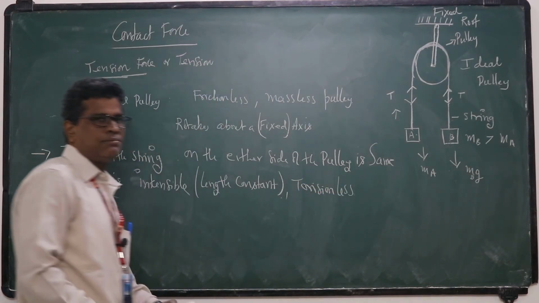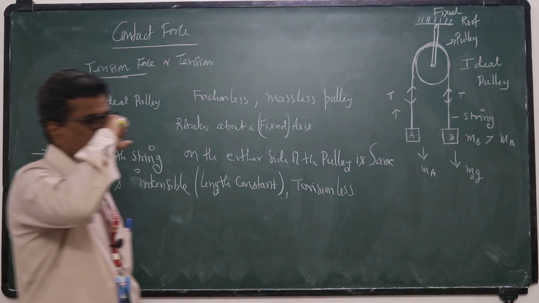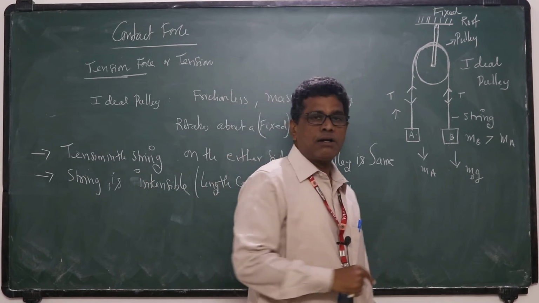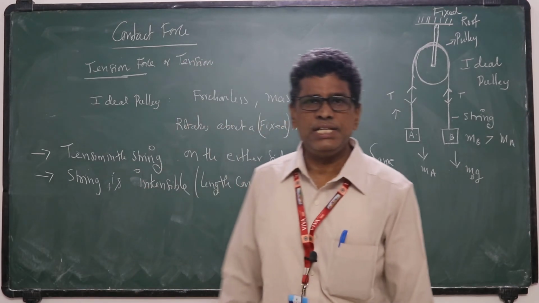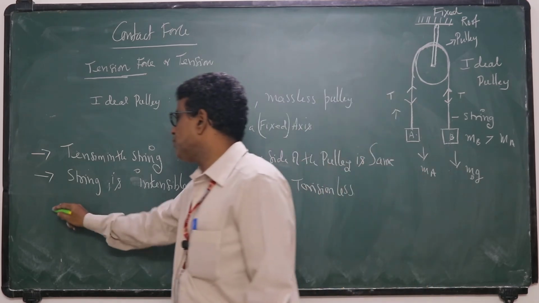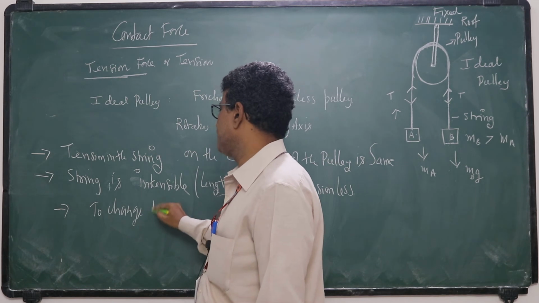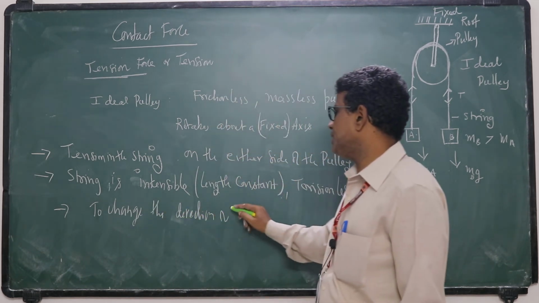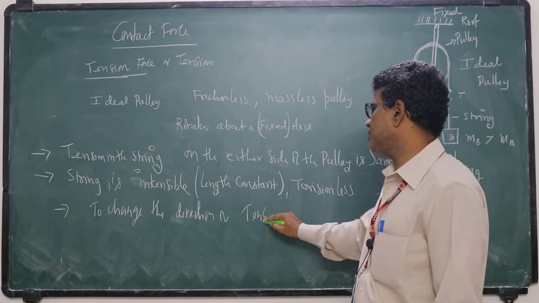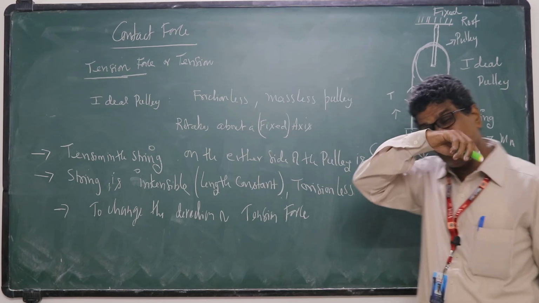These are the assumptions. If these assumptions are satisfied, then such pulleys are called ideal pulleys. Why are we using these pulleys? To change the direction of the tension force.